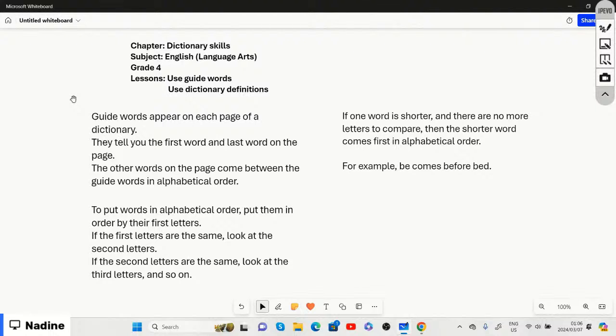So guide words appear on each page of a dictionary, and they tell us the first word as well as the last word on that specific page of the dictionary. And the other words that come in between these guide words need to be in alphabetical order.